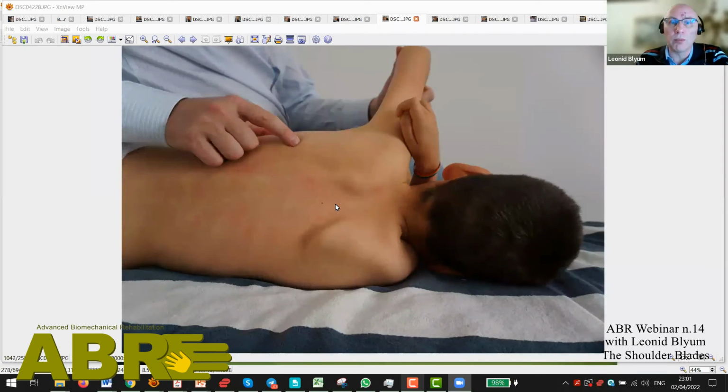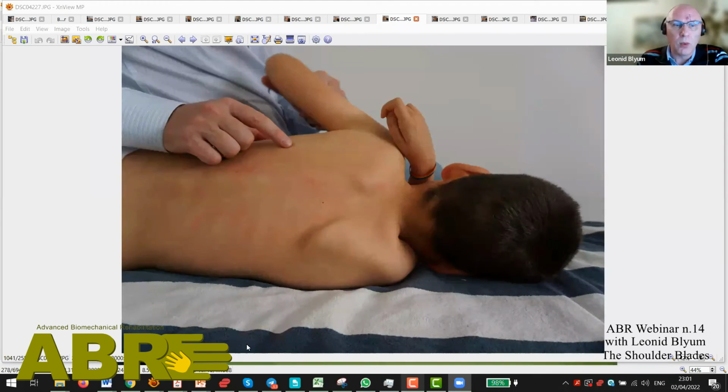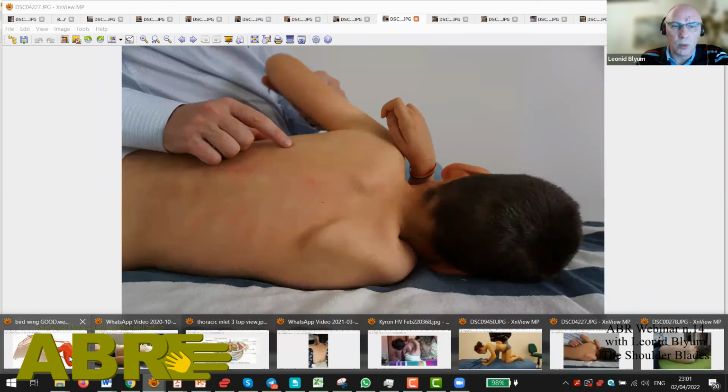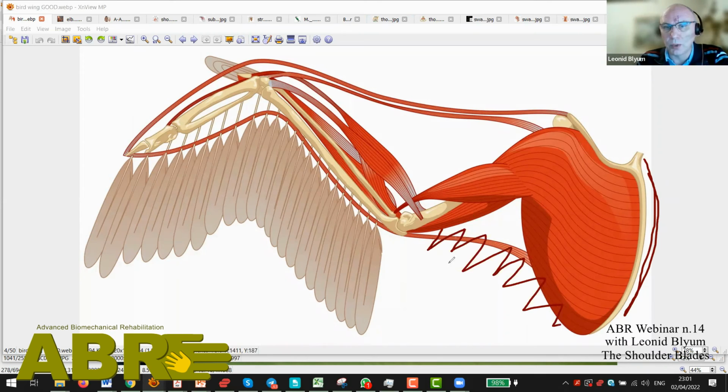Actually, the conversation here was about the positions of the shoulder blade, right? When you look at the pictures, they tend to show you the strong edge, which is this edge. But in reality, as we speak about the wing, this edge could be even stronger, because that's where the greatest chord or the greatest density is.